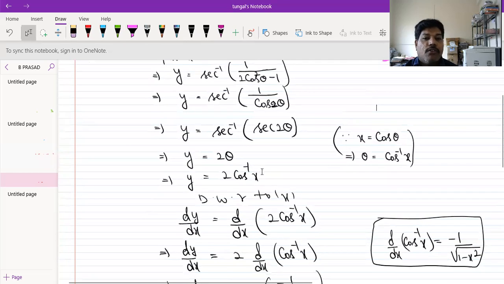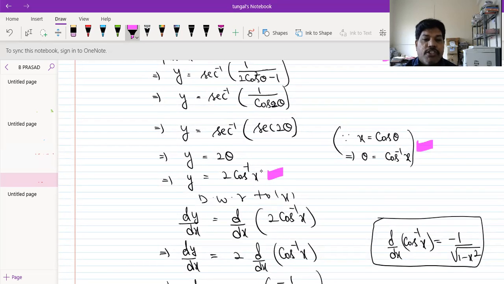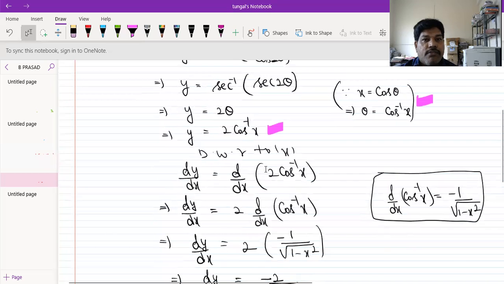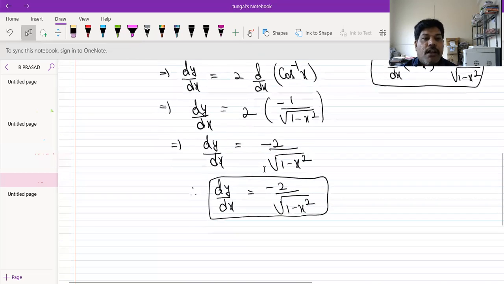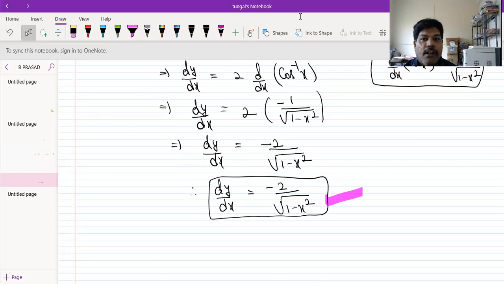What is the theta value? x is equal to cos theta, so theta is cos inverse x. Replace that value: y is equal to 2 cos inverse x. Differentiate with respect to x. The cos inverse x derivative is minus 1 by root of 1 minus x square. So dy by dx value will become minus 2 by root of 1 minus x square. Okay, students, see these questions and practice them, and we will continue in the next class.